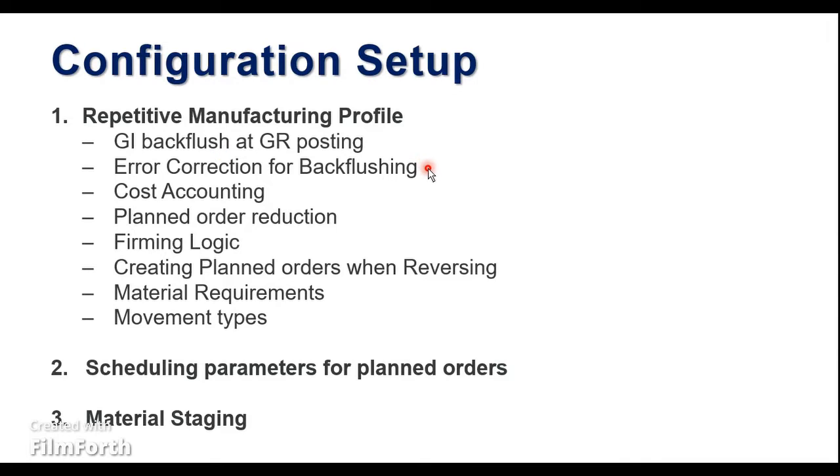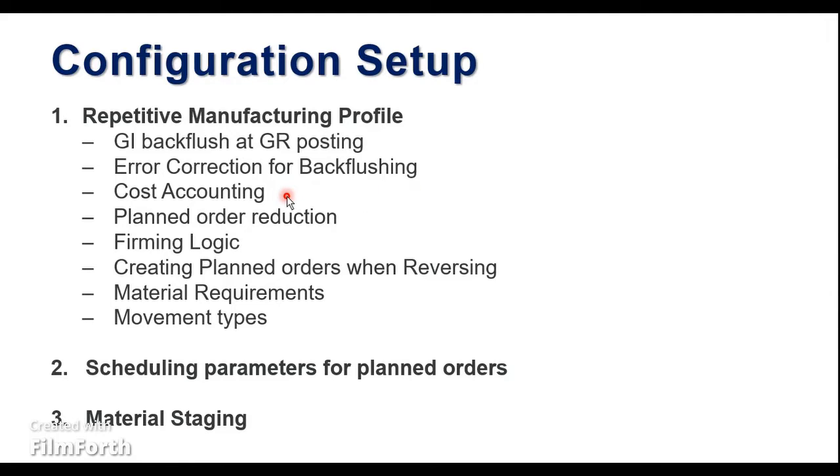And we also define a few settings related to corrections in case there are errors on the goods movement. Since we are going with the backflush concept, we have to maintain these settings in the configuration itself on how to correct those errors in case of incorrect goods movements.